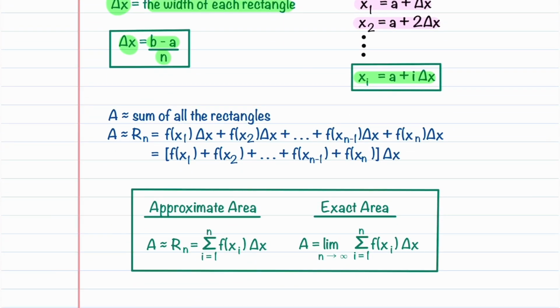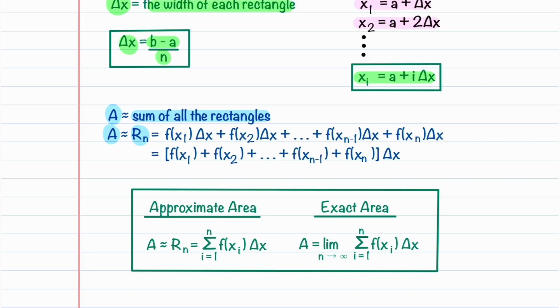The approximate area under the curve y is equal to f of x is the sum of all the rectangles. We're now going to write down a formula for the sum of all these rectangles. Our area is approximately r sub n. We call it r sub n because for this formula, the height of each rectangle is going to be approximated using a right-hand endpoint.